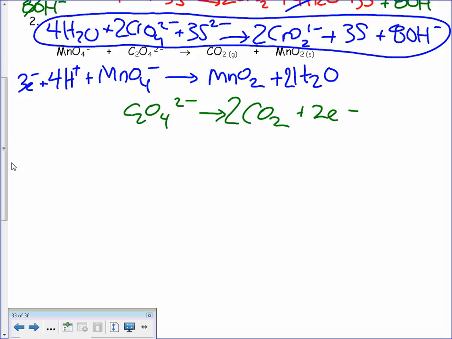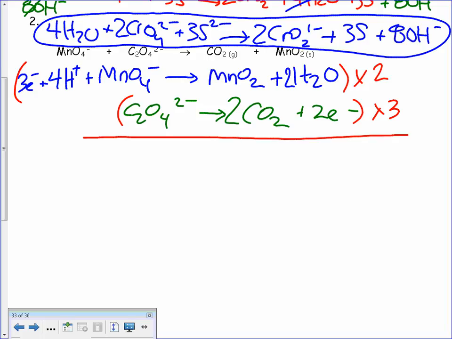Okay. 3 electrons, 2 electrons. I must do what? Multiply top by 2 and bottom by 3. Net gets 6 electrons total, so I'm just going to go ahead and cancel those out. So, 4 H pluses, I lied, 8 H pluses.